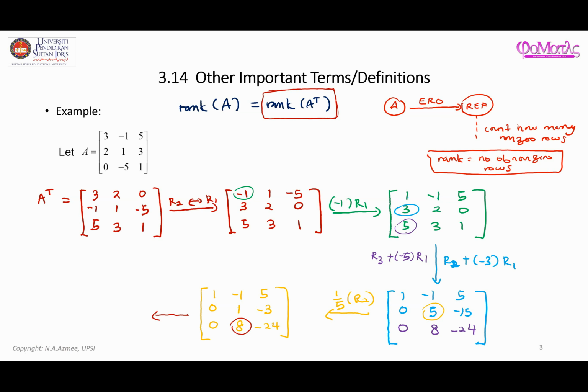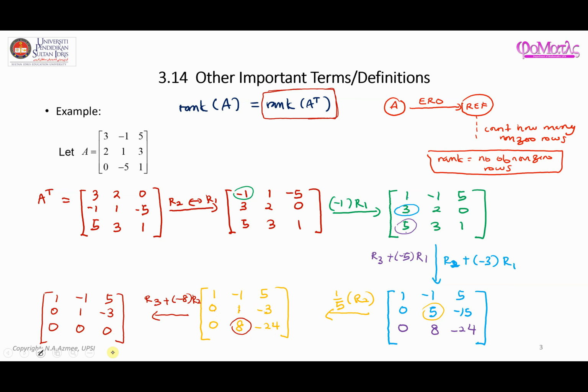So I should consider this process, R3 plus -8 R2. And the result that I will get is as follows: 0, 1, -3. So 0, 0, 0, 8 minus 8, 0, -24 plus 24 is also 0.